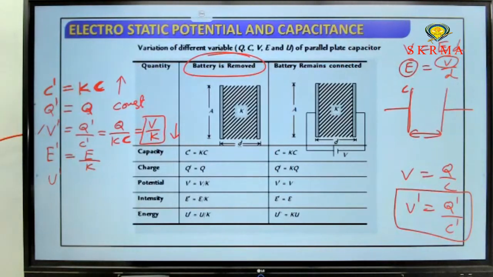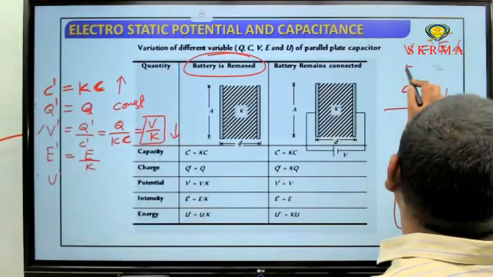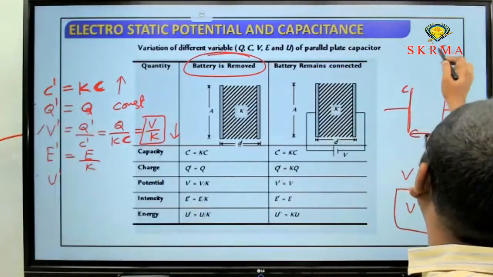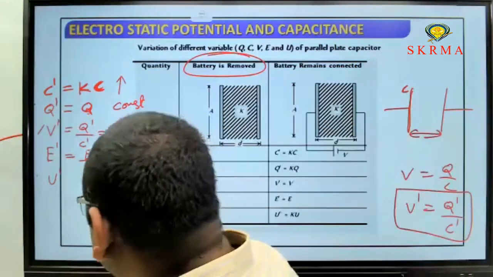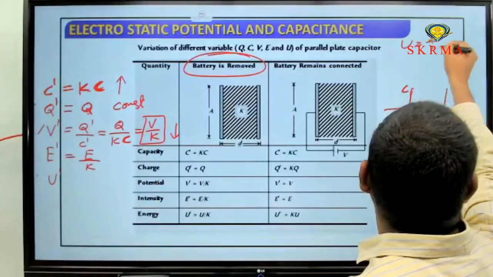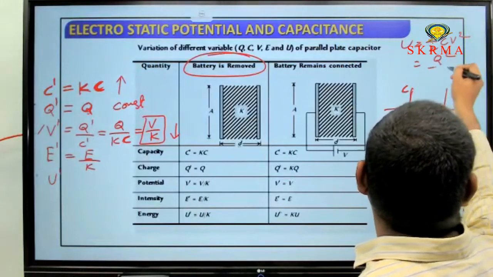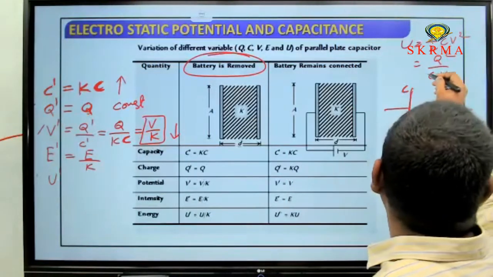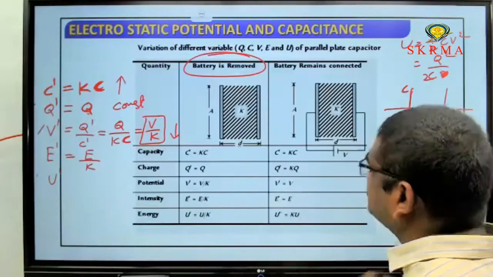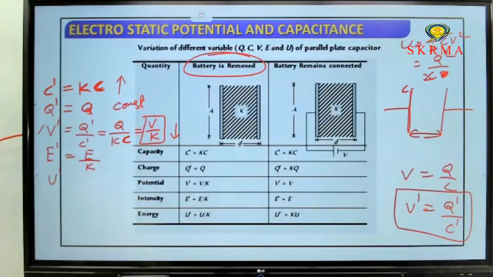Next, energy. What is the formula for energy stored in the capacitor? U = half CV square is one formula, or Q square by 2C is the other formula. Which formula do we need to take and why?